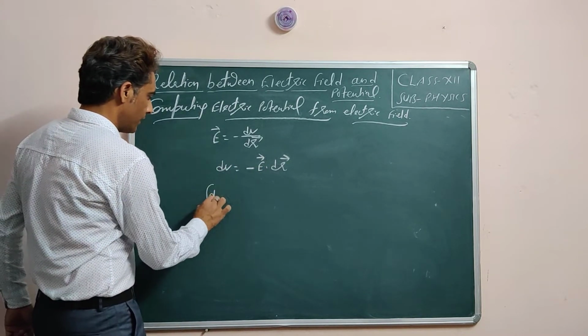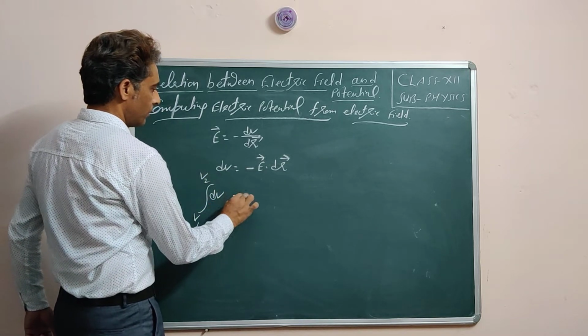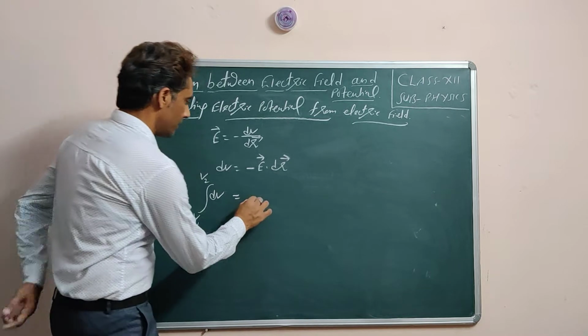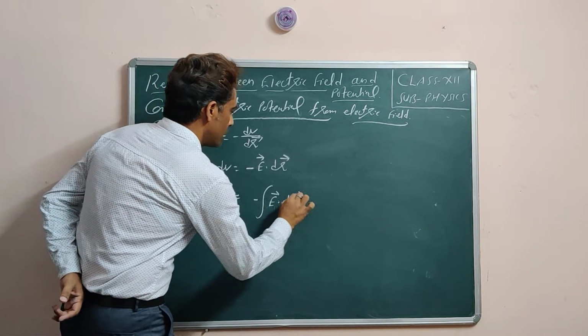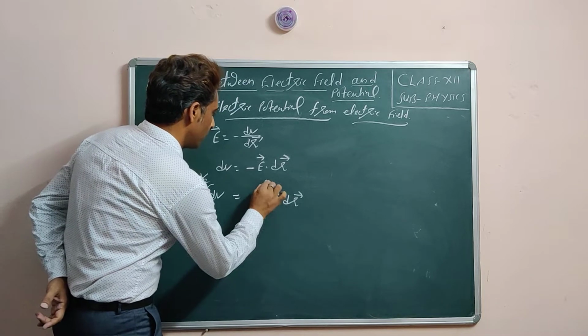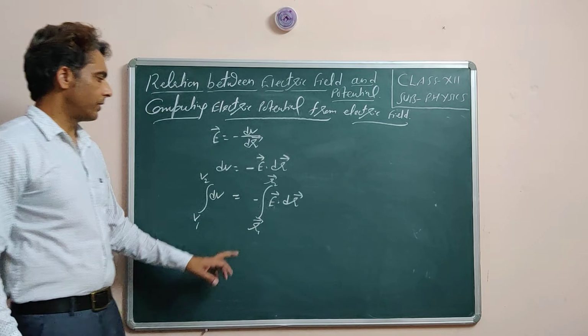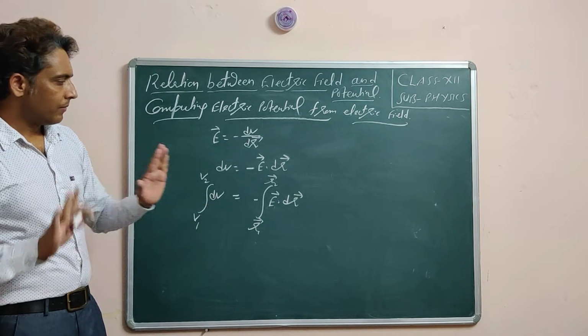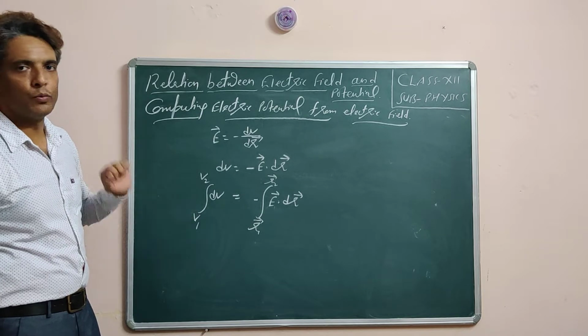So if I integrate it, with limits V1 to V2 and R1 to R2. Here R1, R2 are the points where the value of electric potential is V1 and V2 respectively.